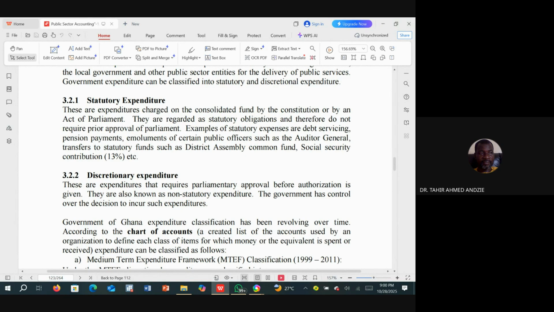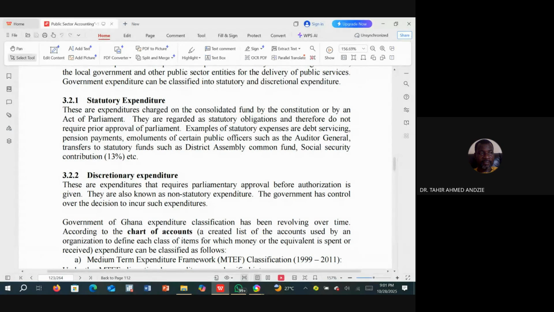Parliament must be made aware that this money is taken for that purpose because it has already been charged to the consolidated fund. Pension payment does not need prior approval of parliament. Emoluments of certain public officers under Article 175, like the Auditor General and the President, their salaries are charged to the consolidated fund, so they don't need parliamentary approval.